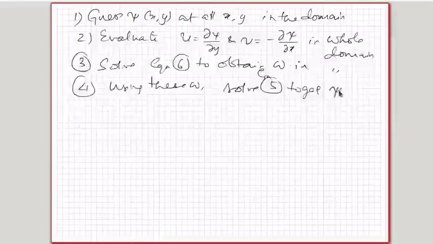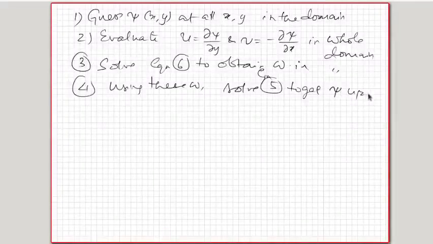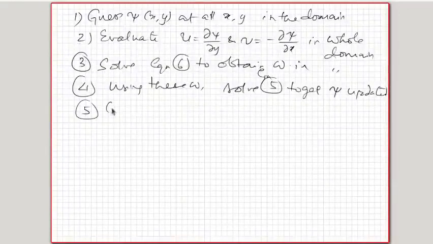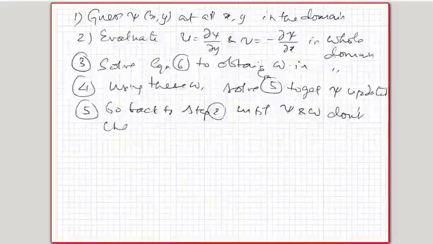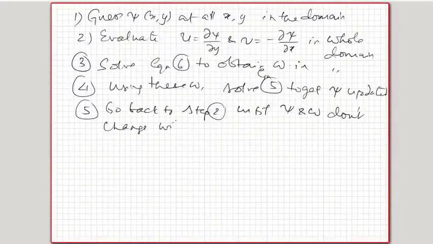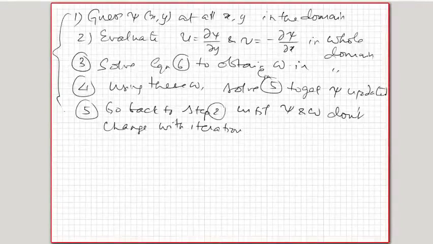So once you have gotten the updated value of psi from the new values of omega, then go back to step 2 until psi and omega don't change with it. Okay, so this is your stream function vorticity method.